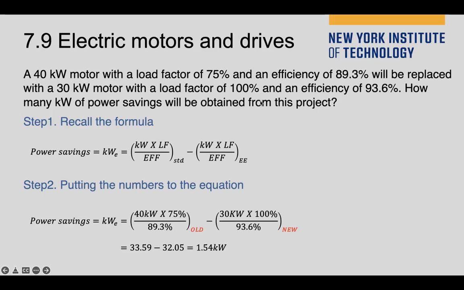And the efficiency is higher, maybe it's a new one, better performance and quality, or a higher level of technology, whatever. So we switch from a large old motor to a small new motor. So we need to calculate the power saving.